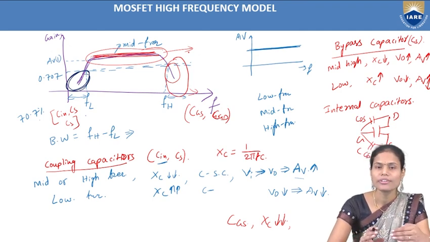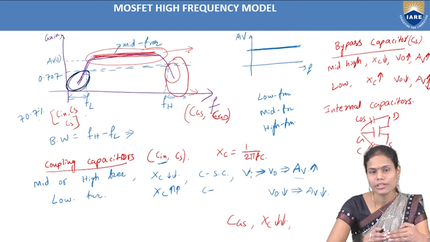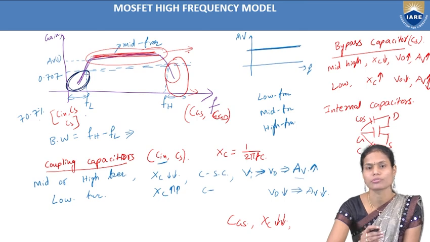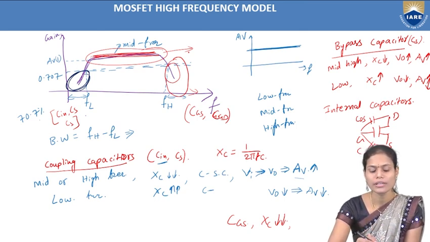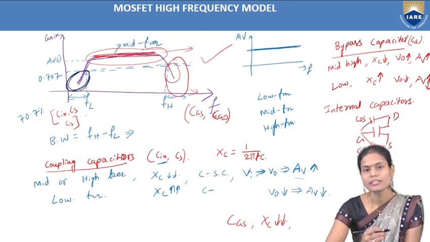If you take the direct coupling of amplifiers, we directly connect the output of one circuit to the input of the second circuit. In that case, there is no effect of capacitors, and we may get only this particular type of response. But if we take RC coupling, we use a resistor and one more extra capacitor. Because of the impact of that particular capacitor, there is a change in the frequency response.